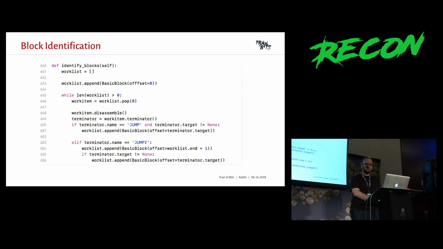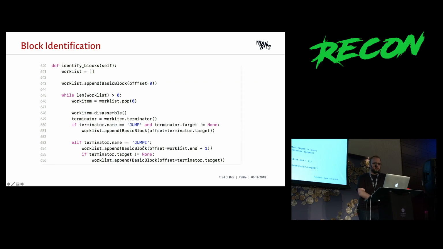Recursive descent is a work list-based algorithm, and this isn't exactly the real code, I cut it down a lot. You start by adding your first work item to the list, and then just loop until your work list is empty. And in the case of Ethereum, when you encounter a jump, you end the processing of that block, and you append its target if it's resolvable.